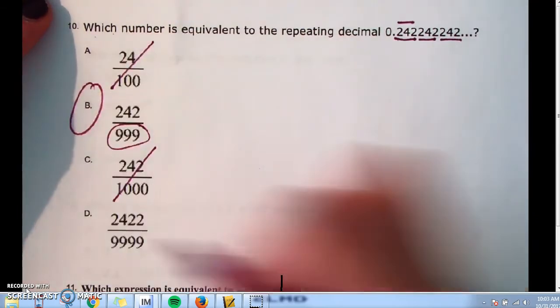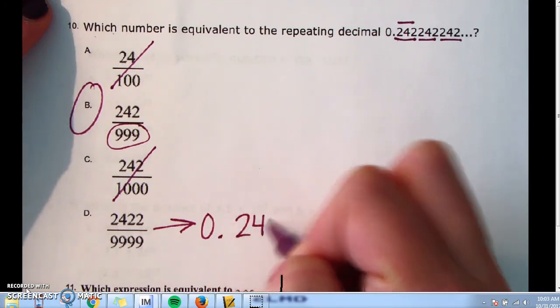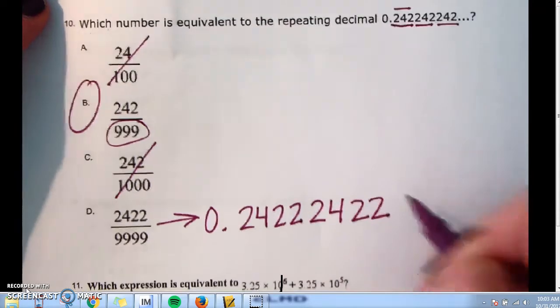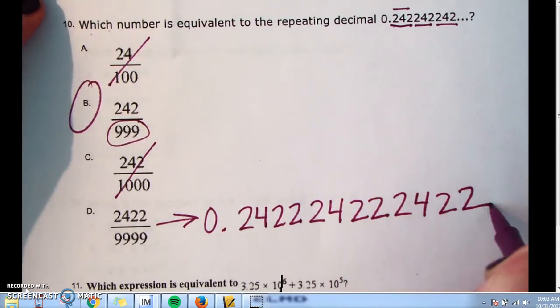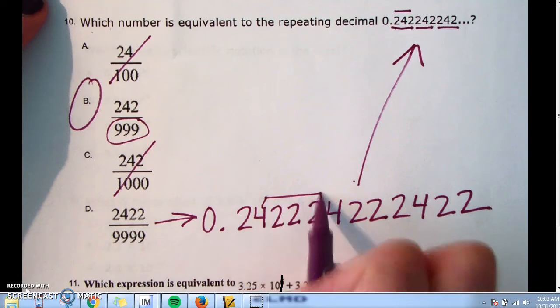So B is going to be your answer. This repeating decimal would look like 242, 242, 242. Doesn't look the same as this up here. There's an extra 2 here in the middle.